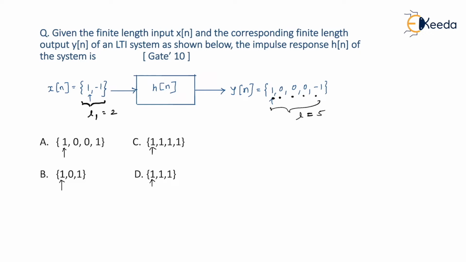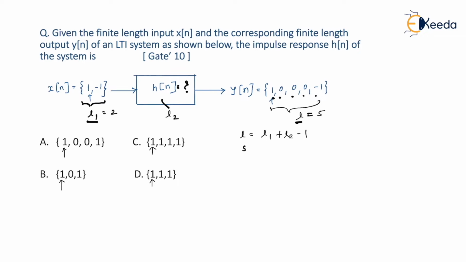We know that notation-wise we use L1 as the length of sequence for x of n, L2 for the length of sequence of h of n, and L for the length of sequence in y of n. Since h of n is a question mark for us, we don't know what L2 is, but we know the relation between L1, L2 and L, given by L is equal to L1 plus L2 minus 1.